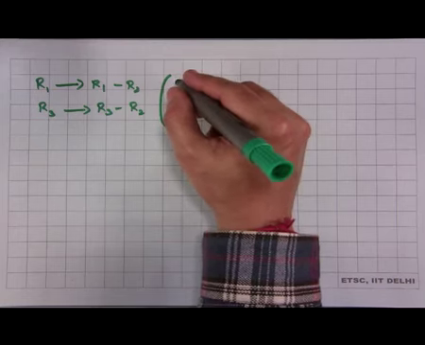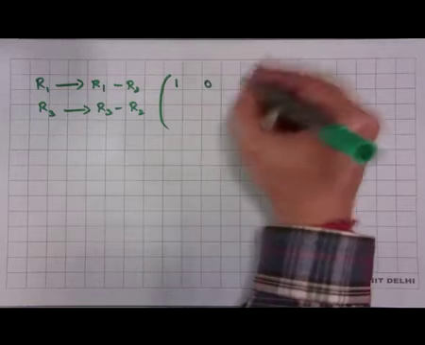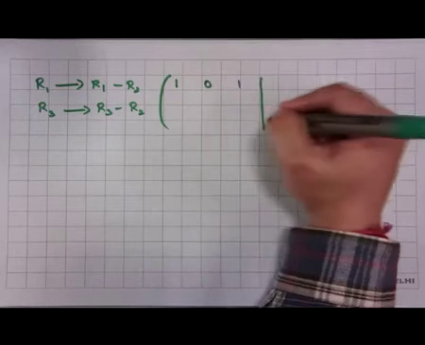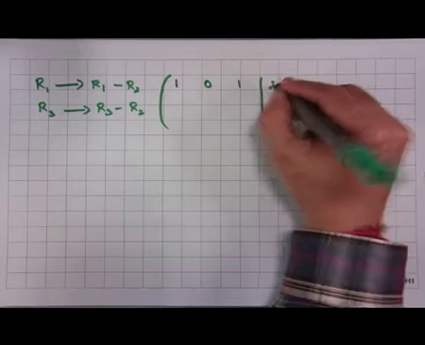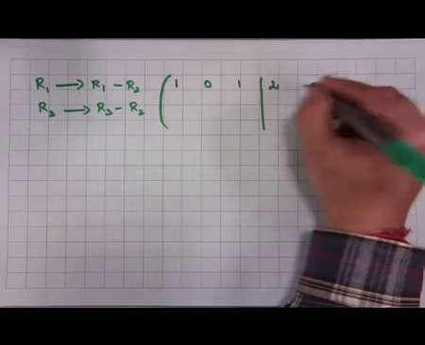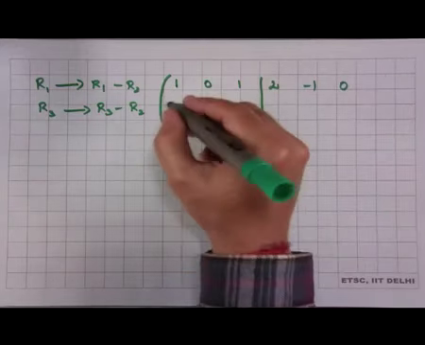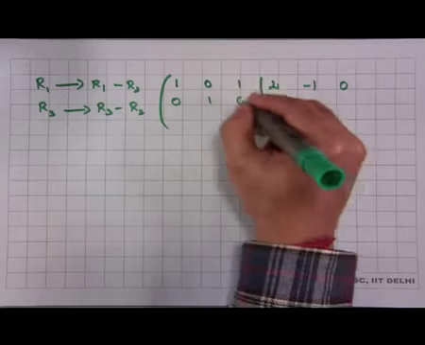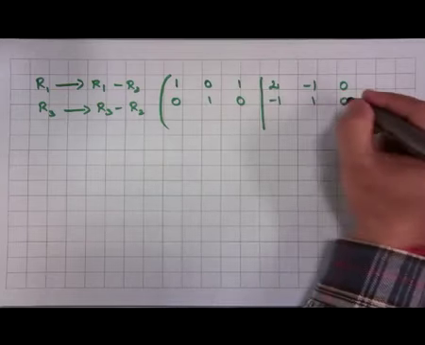R1 minus R2: 1 minus 0 which is 1, 1 minus 1 which is 0, 1 minus 0 which is 1; the other part 1 minus minus 1 which is 2, 0 minus 1 which is minus 1, 0 minus 0 which is 0. Second row remains unchanged, 0 1 0, minus 1 1 0.